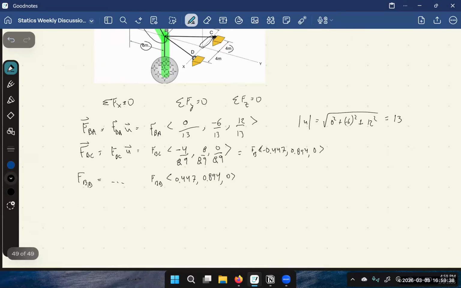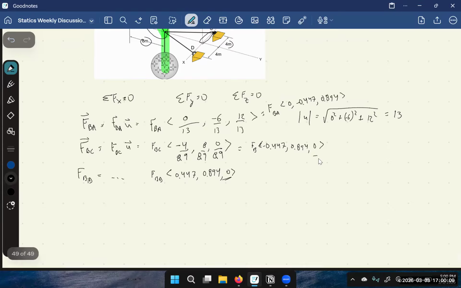In my case, we're just going to do the actual components, looking at these parts here. Then I'll simplify this top one too. FBA: 0, negative 0.447, 0.894. Okay, so to highlight that, we have that, that, and that.